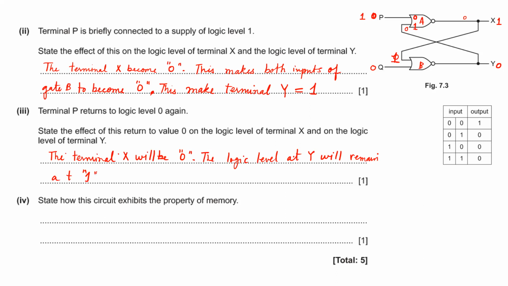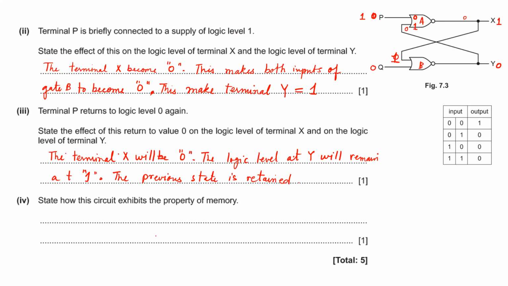So basically what happens is the previous state is retained. So state the effect of this logic 0 on the logic level of terminal X and the logic level of terminal Y. Technically there is no effect. The previous state is retained.